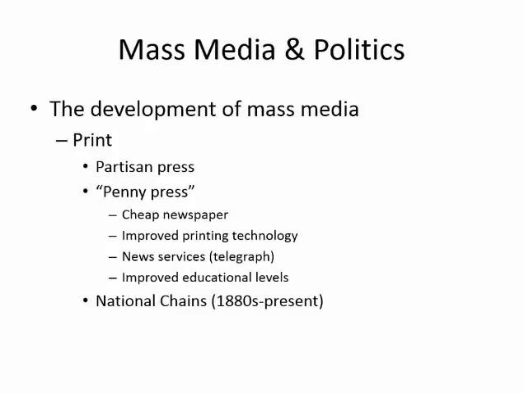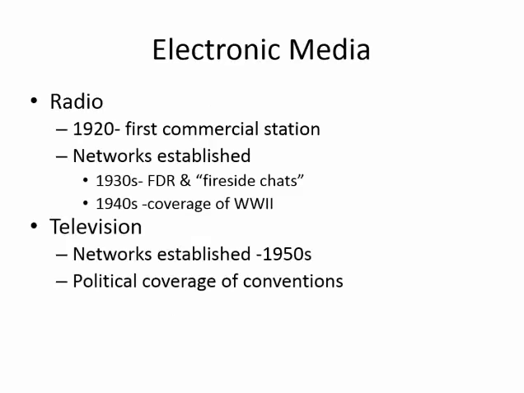And then lastly, the improving educational levels of the population met with the decreasing cost of news media so that newspapers could really reach the masses. Now, responding to this, there developed national chains like the Hearsts and the Pulitzers that sort of standardized newspapers and what they contained.